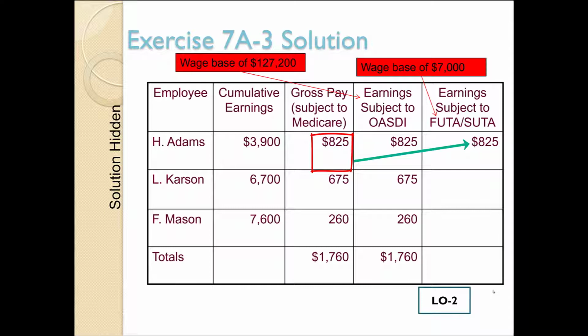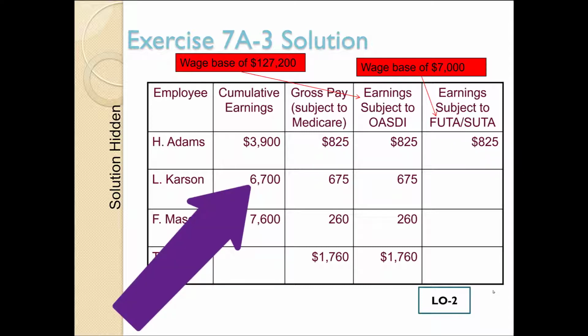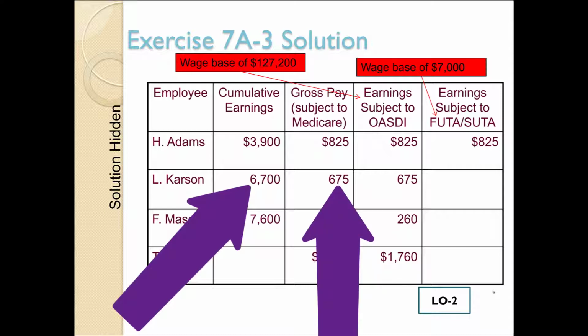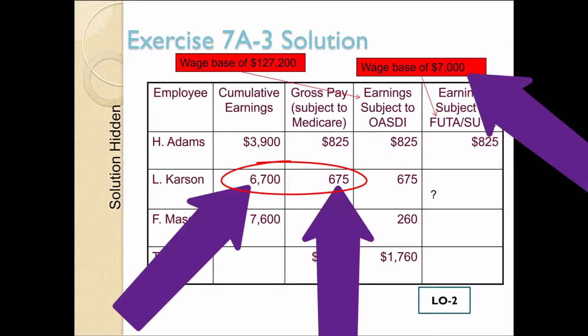Now let's look at Carson. Prior to this paycheck, Carson was paid $6,700. Carson, this pay period, is being paid $675. So now we have to calculate, well, how much of that gross pay will be subject to FUTA and SUTA? When we take $6,700 cumulative earnings plus the gross pay of $675, Carson will be over the limit. So we need to figure out the amount under the limit.